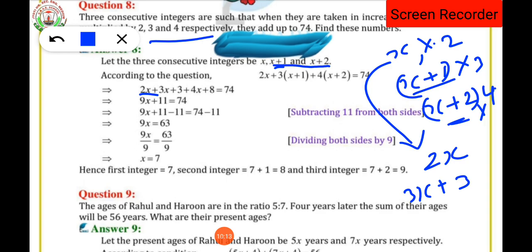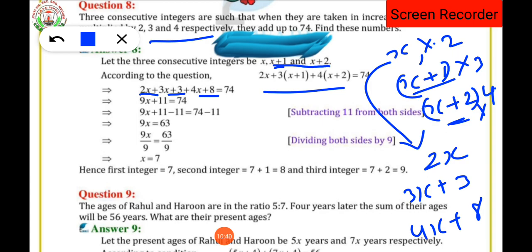So the 4 gets multiplied with both x and 2, so it becomes 4x plus 8. Have you understood where these numbers come from? From the question itself. When we multiply the three consecutive integers with 2, 3 and 4, we get 2x plus 3x plus 3 plus 4x plus 8 is equal to 74. Now the x terms we are going to add.